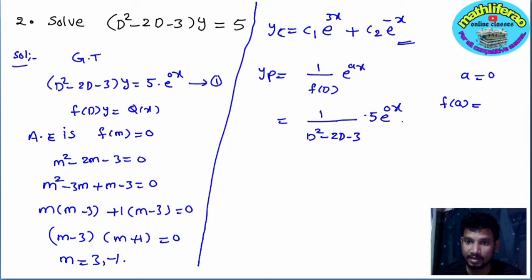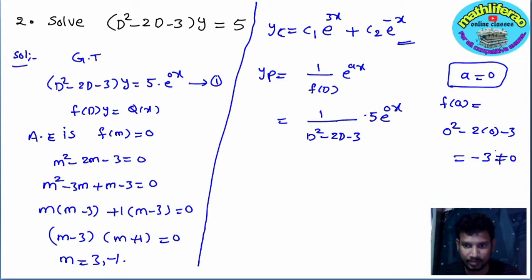A value here is 0. So here 0 square minus 2 into 0 minus 3. This is minus 3, not equal to 0. So f of a not equal to 0. Then particular integral is yp equal to 1 by f of a into e to the power ax. This is the first case.